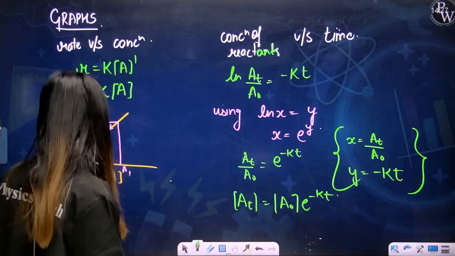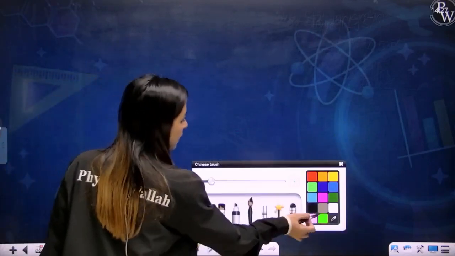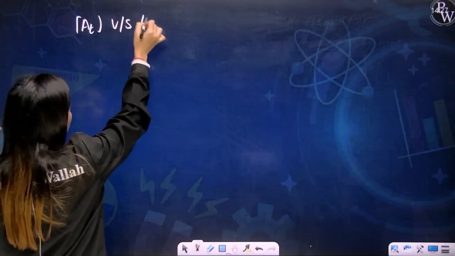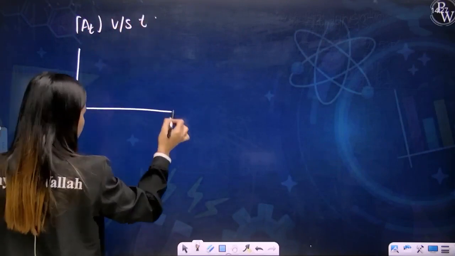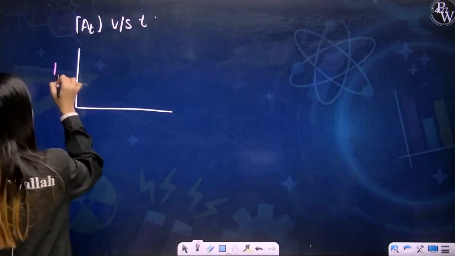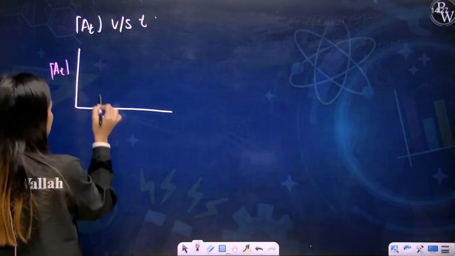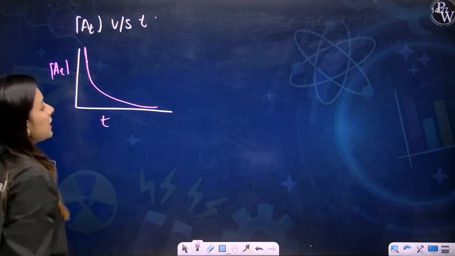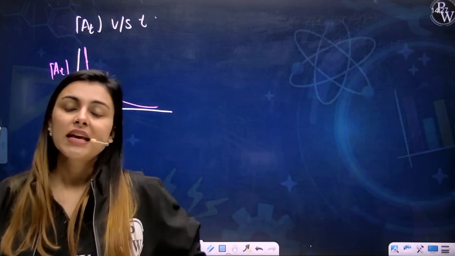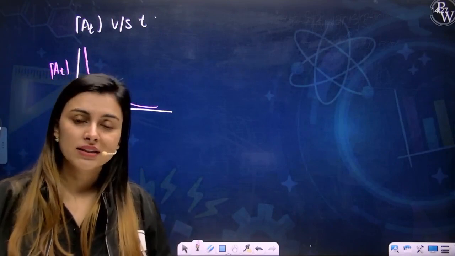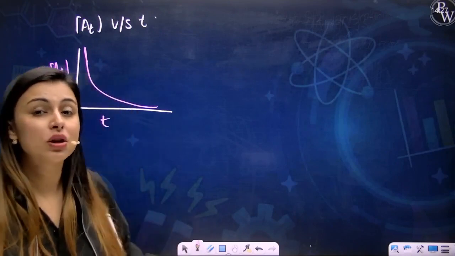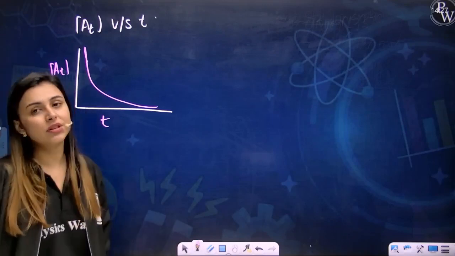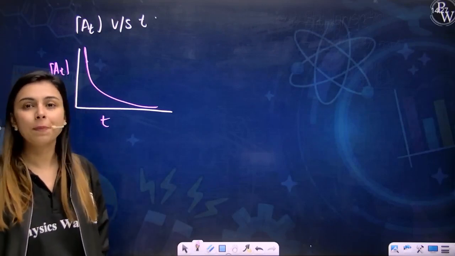This means that, my dear students, your plot of concentration of reactant, At versus time, will be exponentially decreasing. This will keep on exponentially decreasing. This is very important to understand, that the concentration is decreasing exponentially with time in the first order reaction.